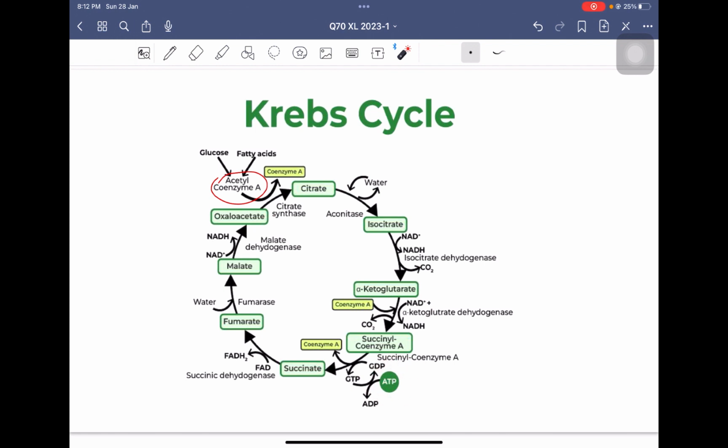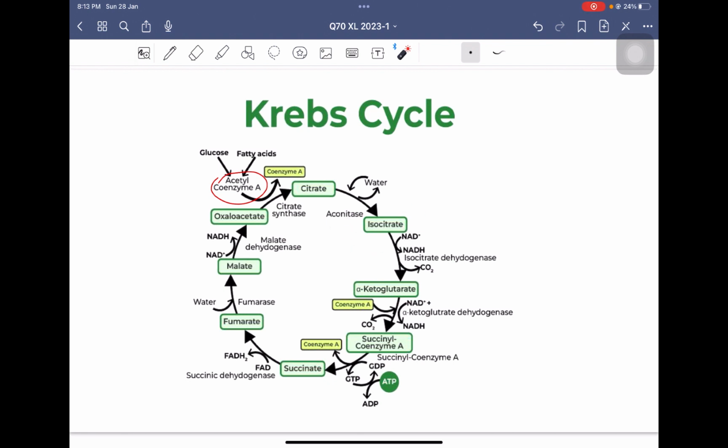First of all, citrate will be converted to isocitrate by the action of the enzyme aconitase. These reactions are catalyzed by specific enzymes.